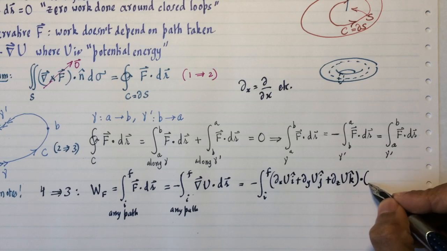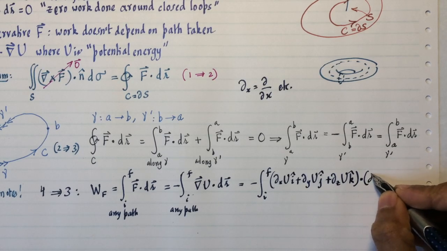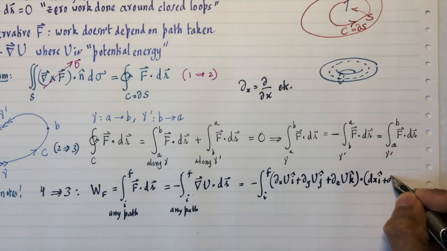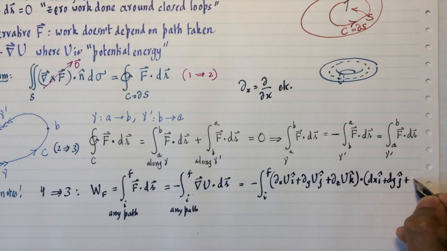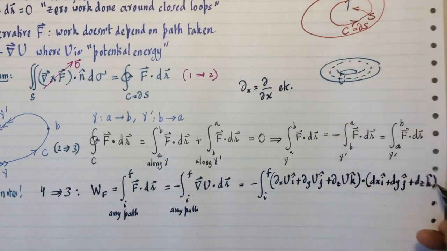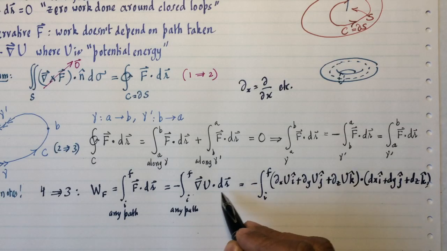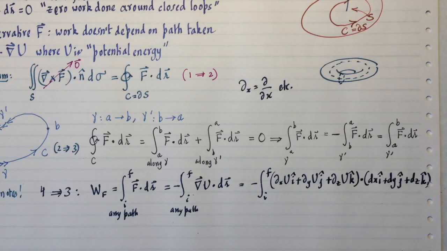Dot dr, well, the full expansion of that one is dx i hat plus dy j hat plus dz k hat. That's the infinitesimal position vector dr. Okay, now when I take the dot products, i hats and i hats will interact, but i hat and j hat will give you 0.